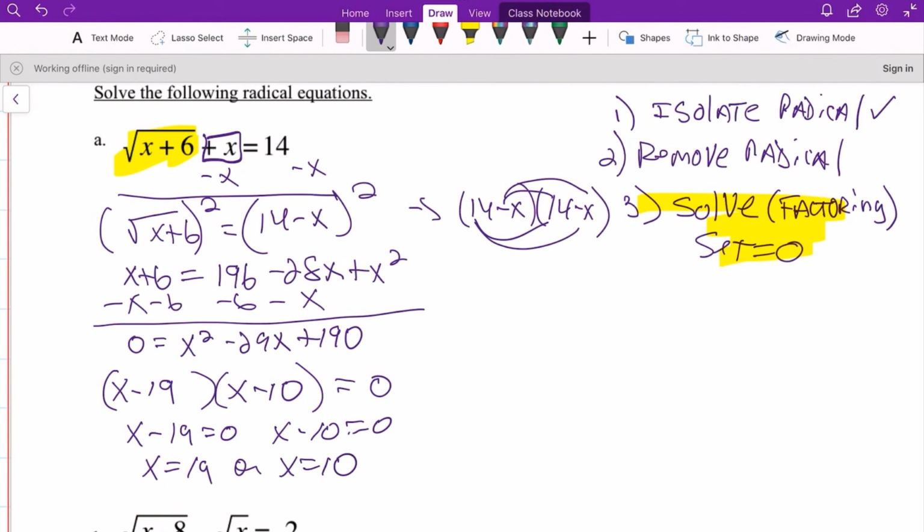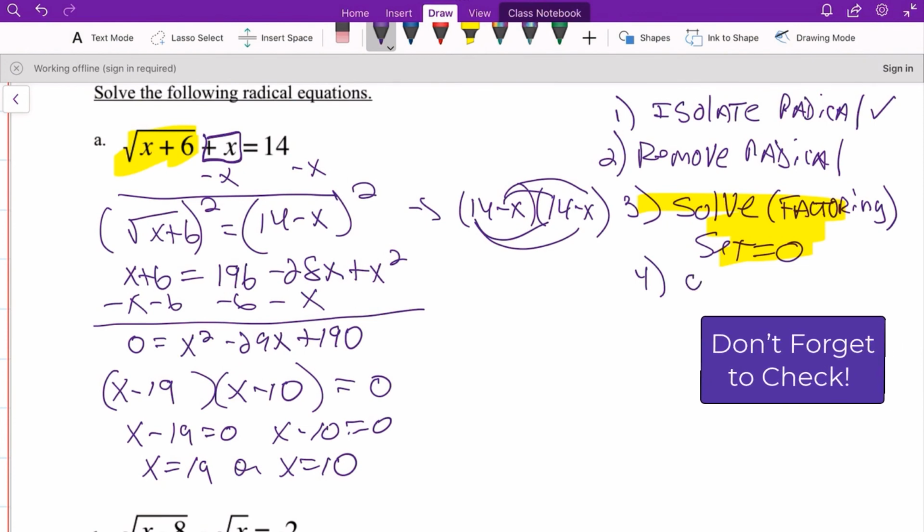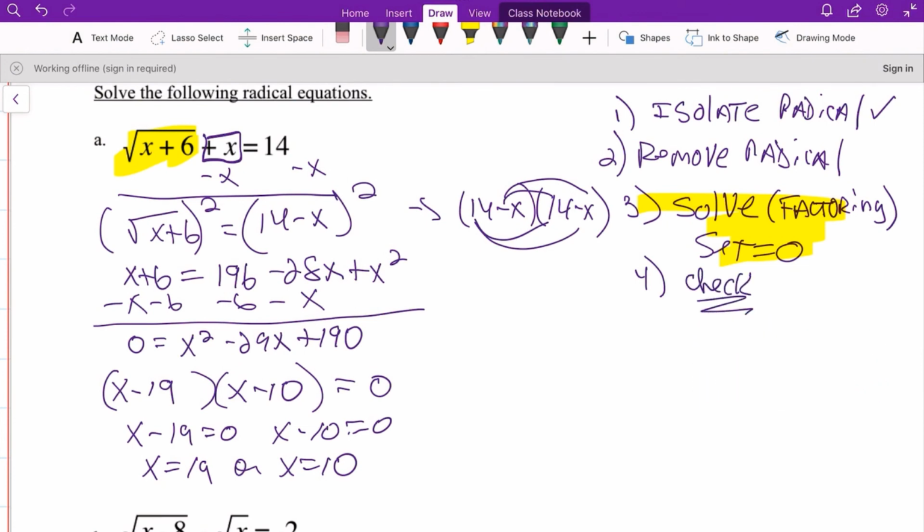So remember, the last step in this is you have to check for extraneous solutions. So I'm going to do that. I'm going to substitute both of these answers, x equals 19 and x equals 10, into the original equation. So I'm just going to clean up the original just a bit, and we'll see what we have here. I'm going to start with 19.